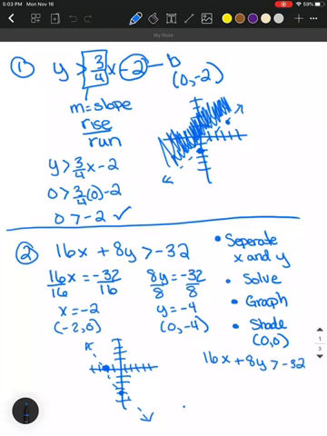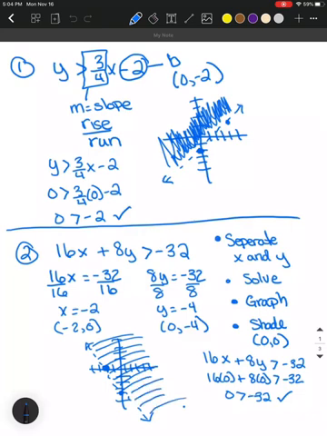I plug in 0 for x and 0 for y: 16 times 0 plus 8 times 0 is greater than negative 32. We have 0 is greater than negative 32, which is a true statement. So again, I'm going to shade on the side that has 0, 0 in it. Okay, so that is number 2.